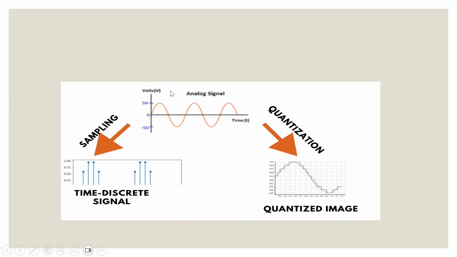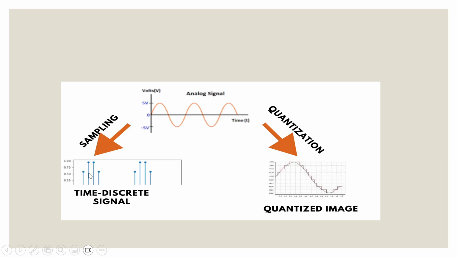Let's understand this. If you take an analog signal, after sampling it will look like this discrete signal. It is a time discrete signal, and this discrete signal will have amplitudes at different levels. But we cannot have all the levels. The precision of these sampled values may be more.